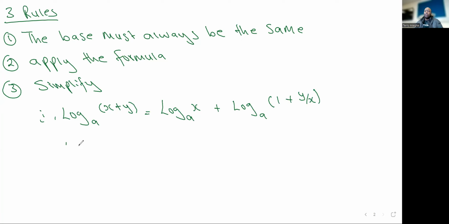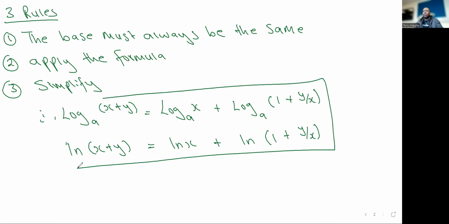Also, if you have ln of (x plus y), it's going to give you ln x plus ln of (1 plus y over x).